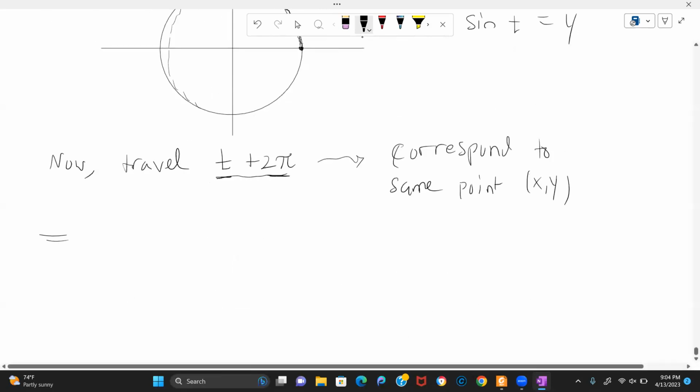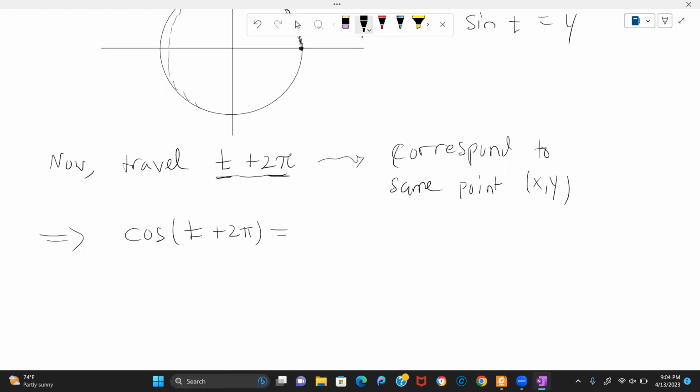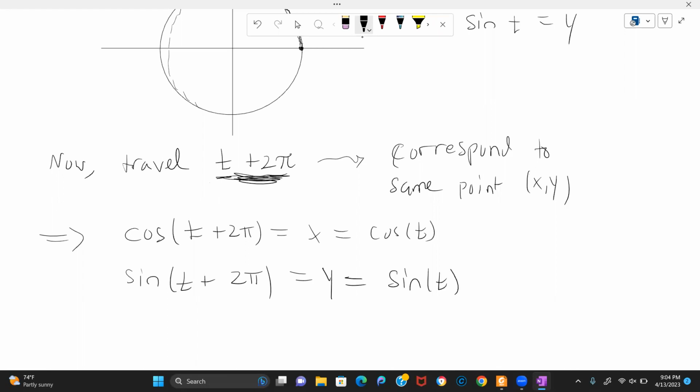So that means if you take cosine of t plus 2 pi, it's going to be equal to the x coordinate, x. But that's equal to cosine of t. And if you take sine of t plus 2 pi, that's by definition the y coordinate associated to this t value, but that's y, and that's also sine of t. So that finishes the proof. This shows that they're periodic with 2 pi.